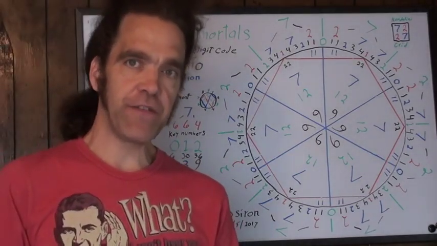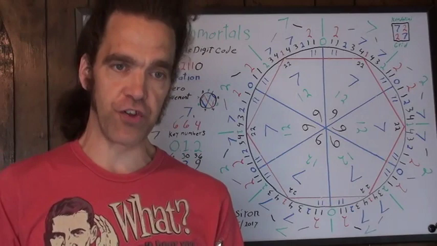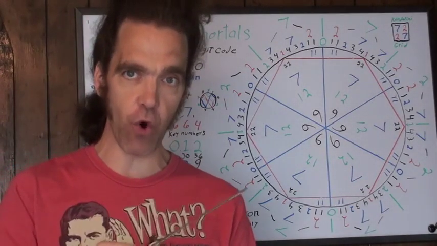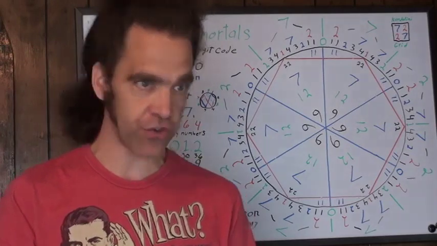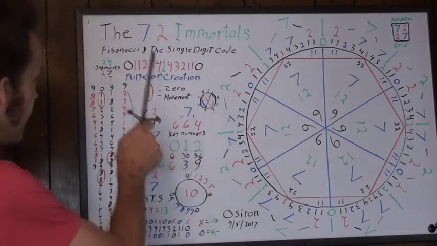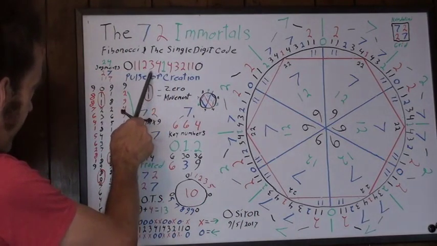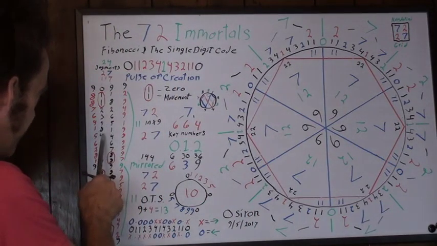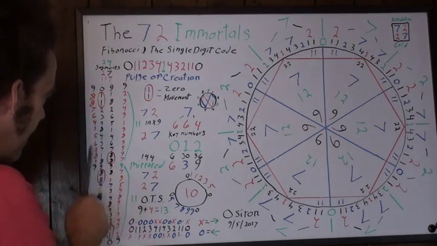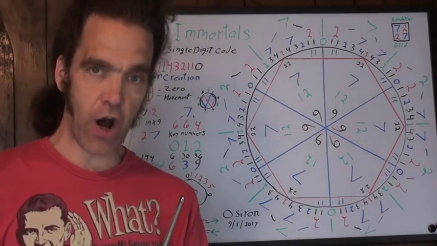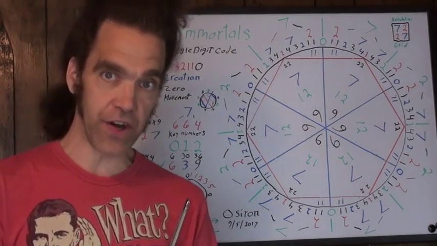But the reason I specified it takes the shortest path is because what happens in the creation is it doesn't just go forward. It's going forward and backwards. And what it actually does is pulse through this code twice in 124 sequence, but it does its exact mirror opposite while it does it.